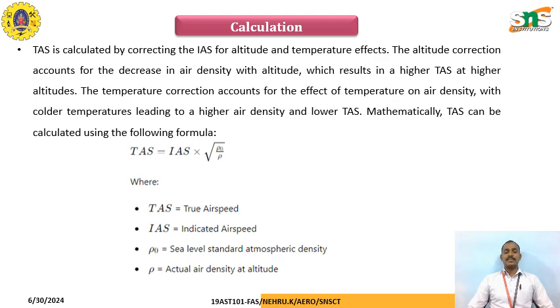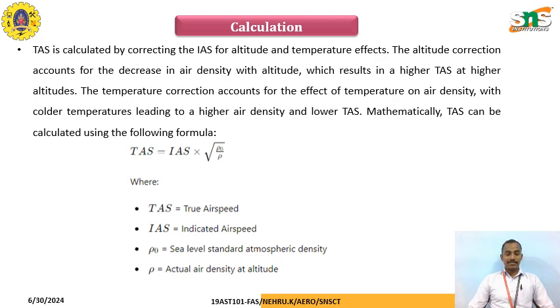Mathematically, this can be written in a formula. True airspeed is equal to IAS times the square root of rho naught by rho. This is the TAS: true airspeed is the indicated airspeed multiplied by the square root of the ratio between the sea level standard atmosphere density and the actual air density at that altitude.